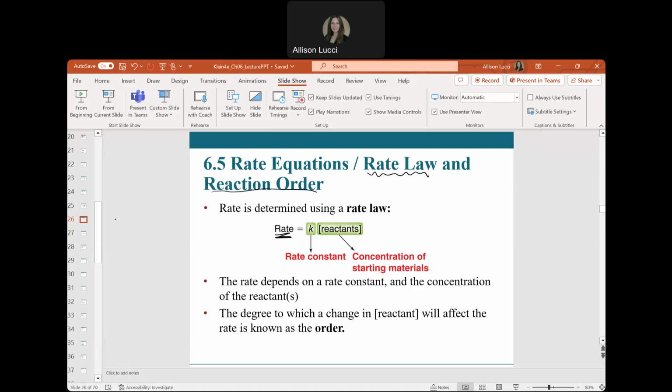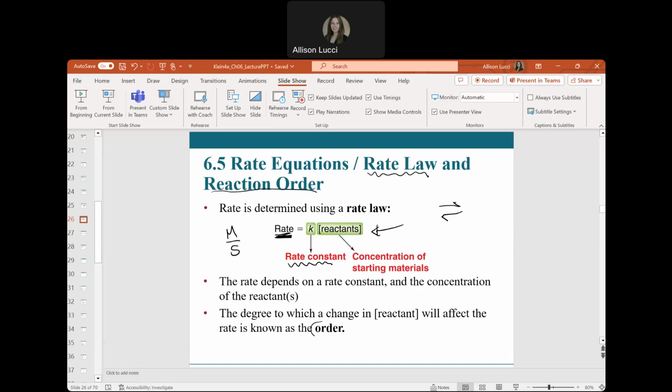So rate, whatever unit you use for rate, commonly things like molar per second, a rate of appearance or disappearance, can depend on a rate constant, this K value, and then the concentration of the starting material. So this is a very generalized rate law, and this can correspond to either a forward or reverse reaction, because we have different rate constants for reactions in equilibrium for their forward and reverse, and we also can be affected by the reactants in either direction, which would be products, depending on which way you look at it.